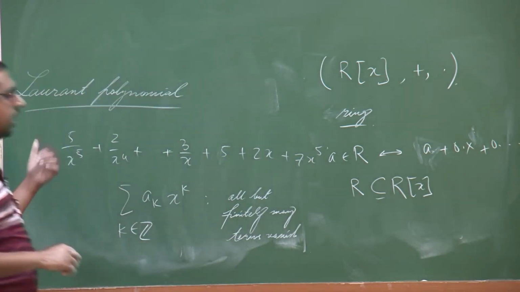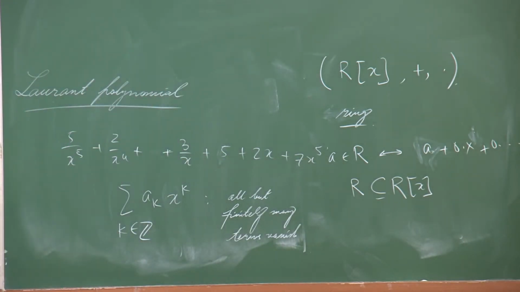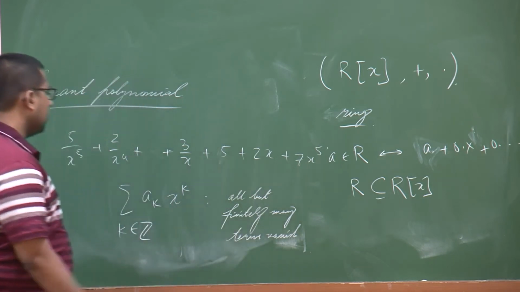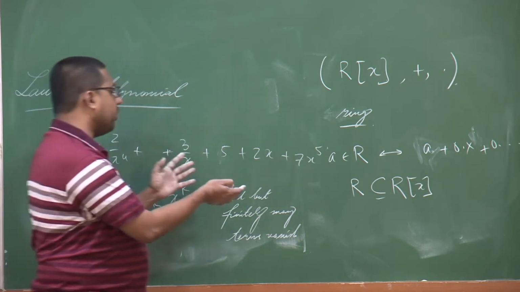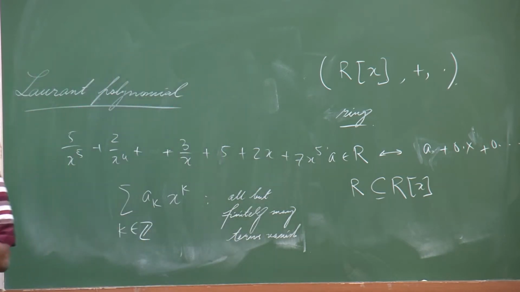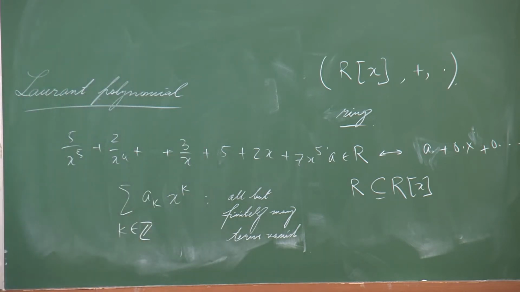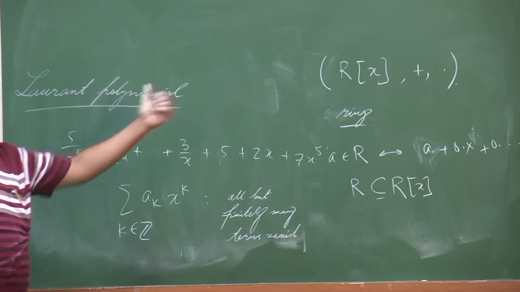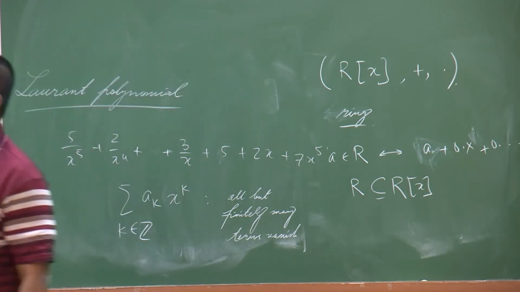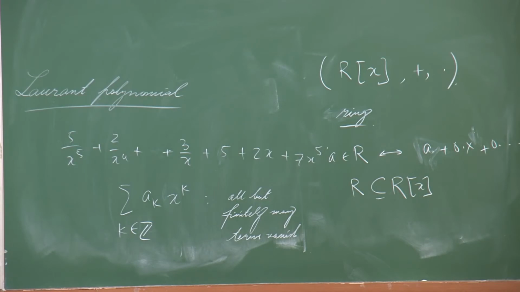Remember, on both the positive and negative side we can have at most finitely many terms. So in addition to a polynomial, the only thing we allow is the presence of finitely many terms with negative powers of x. The formal definition is that it is a function from Z to R, the ring R which we have assumed in the beginning, with all but finitely many coefficients vanishing.